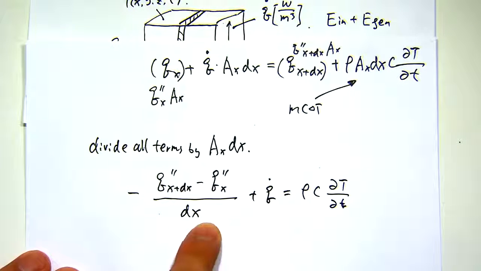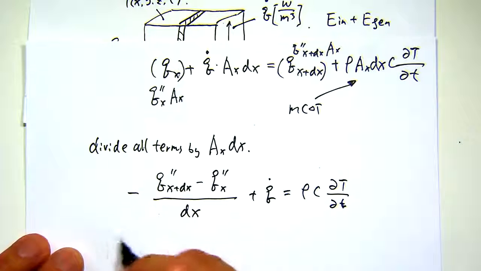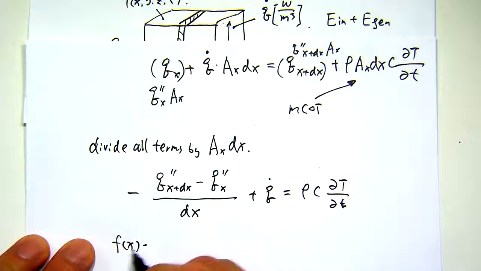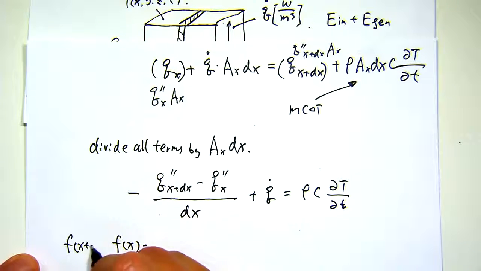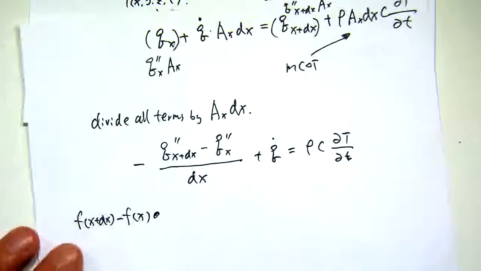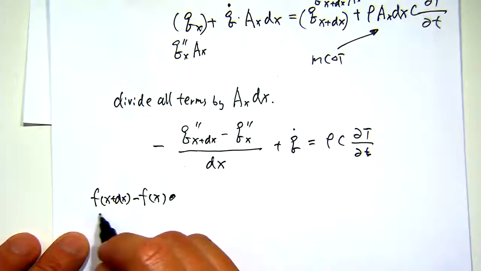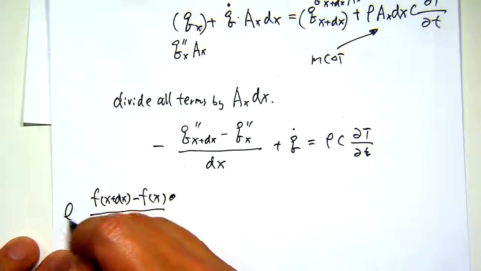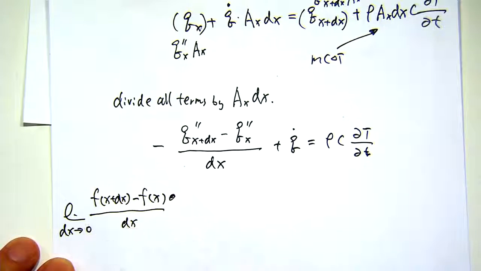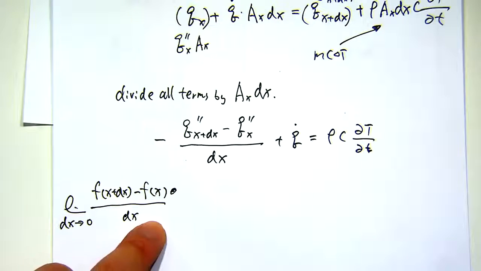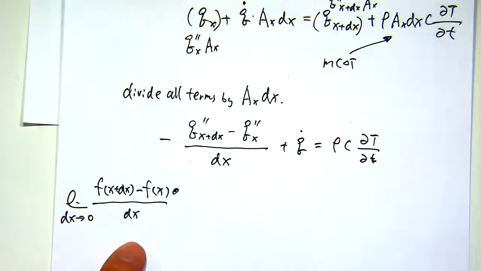So if you remember how a differential is defined when you study calculus, if you have a function f at x plus dx minus f at x, divided by dx, and when you have dx approaching 0, this expression is equal to the derivative, assuming f of x is continuous and differentiable.